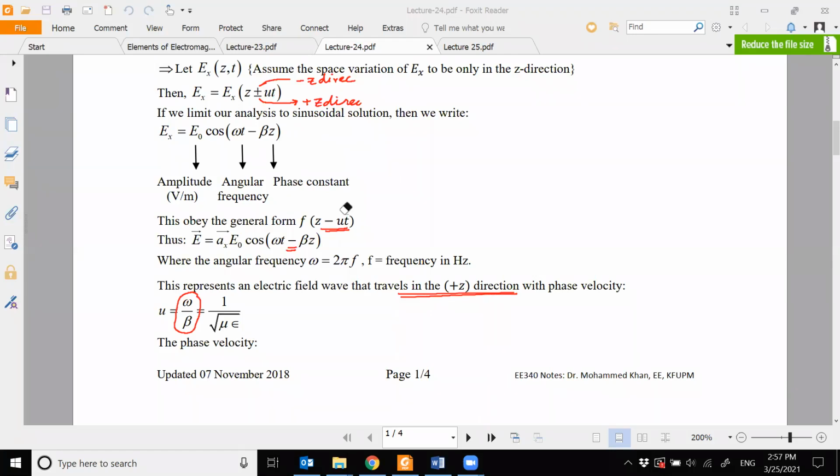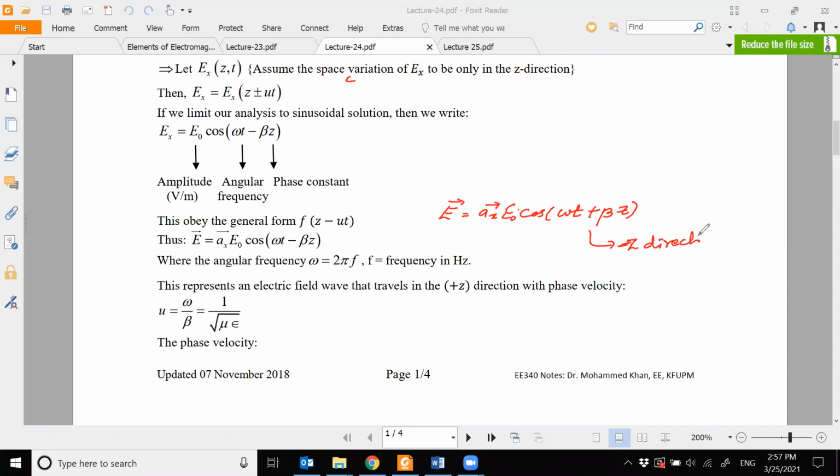Now, suppose you have a positive sign instead. For example, if E bar is a_x E naught cos of omega t plus beta z, then your electromagnetic wave is traveling in the minus z direction.